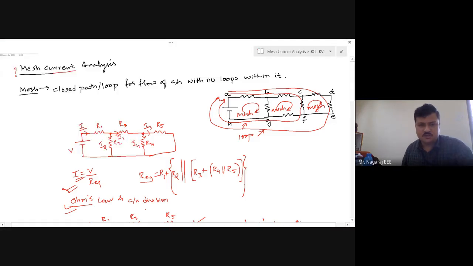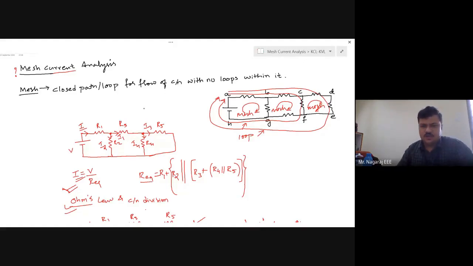We just defined what is Kirchhoff's current law, and we understood what is the necessity of going for this mesh current analysis or any other analysis hereafter we do. As the circuit complexity increases, application of only Ohm's law, equivalent circuit, or series parallel operation, and branch current formulas may not be sufficient for us to know the current and voltages at each branch and the node.